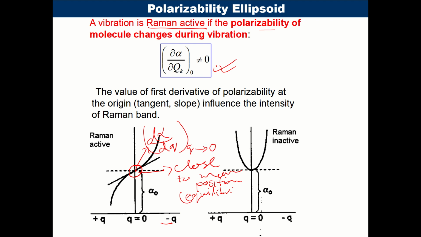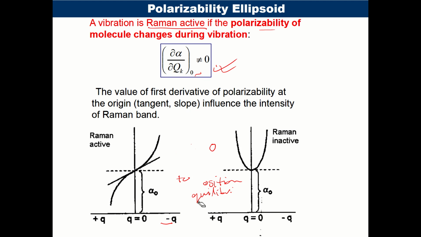That is what is represented here; this 0 is shown as the subscript. So very close to the mean position, as the molecule vibrates, what is the change in the polarization? What is the slope? You try to find the slope very close to the equilibrium, d alpha by dq. If it is changing, then it is said to be Raman active.